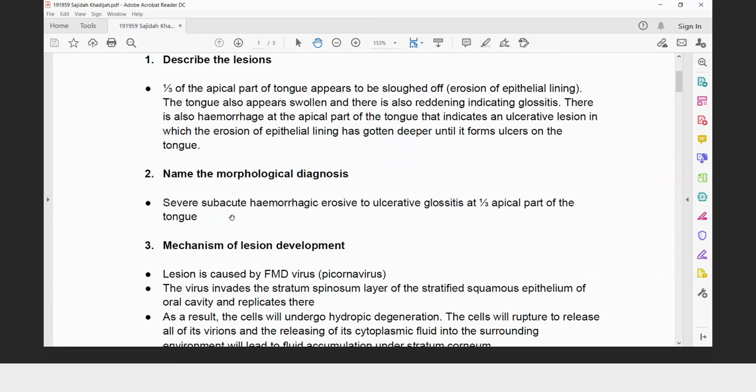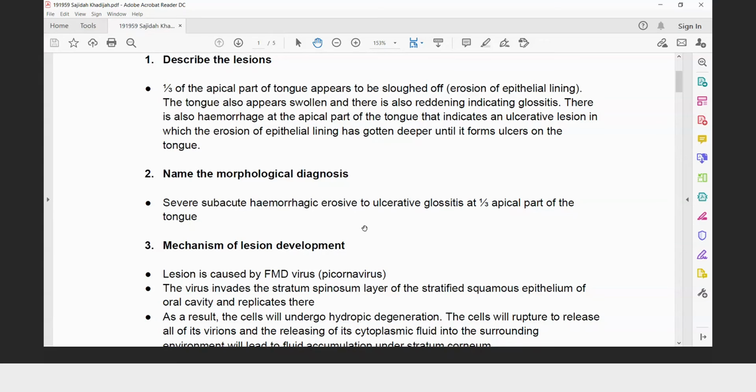The lesion has hemorrhage, yes. Erosive, yes. Ulcerative, yes. Glossitis, correct. You have all those lesions in it. So you got the severity, got the time, then you got the lesion, and the location is one third apical part of the tongue. So this is a morphological diagnosis of those lesions. Right, you are correct there.